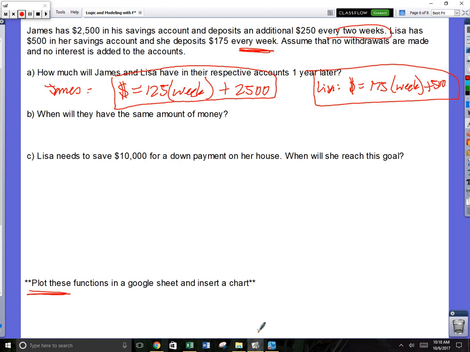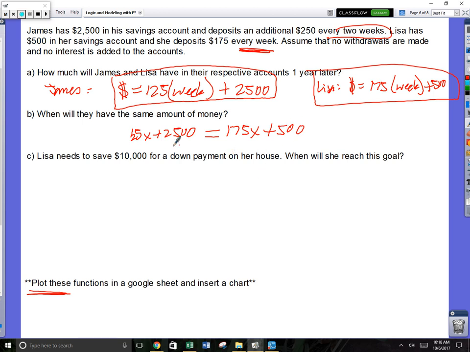So if you do it mathematically without even looking at the chart, we'll just set James equal to Lisa. So James was 125x plus 2,500, and we'll say he equals Lisa, 175x plus 500. Now we'll just solve for x.